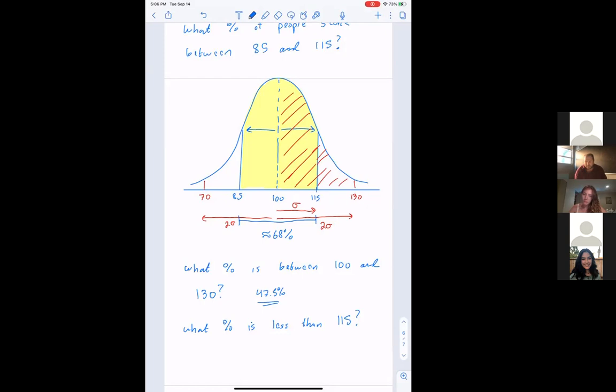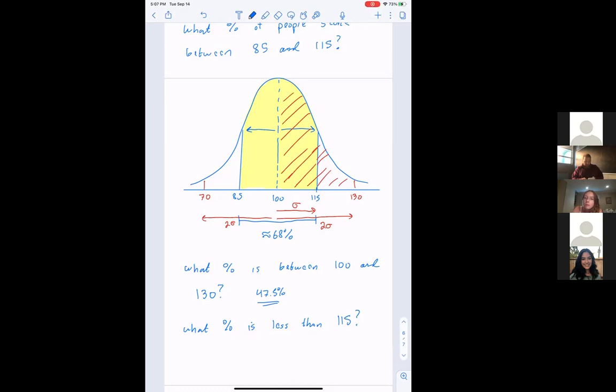83.85. That seems like it might be a calculator computation because that's quite accurate. It's not what I'm looking for, but you know what? Let me get out my calculator and see what my calculator says. And we're going to learn how to do this on a calculator eventually, but not there yet.